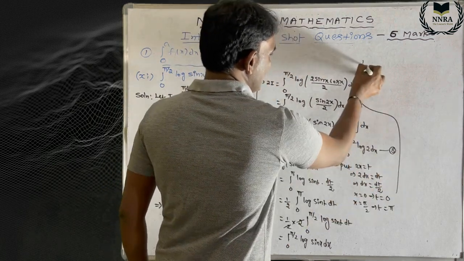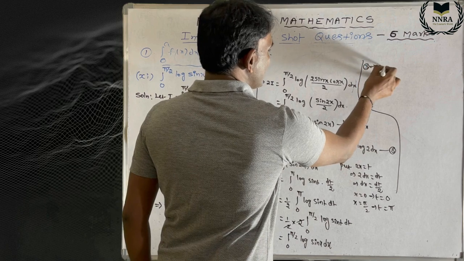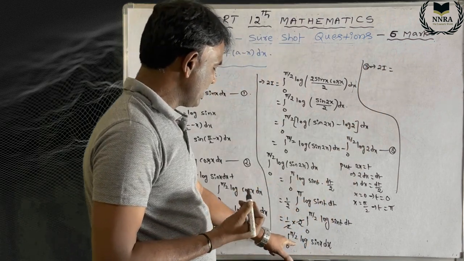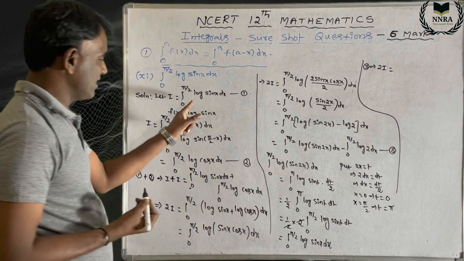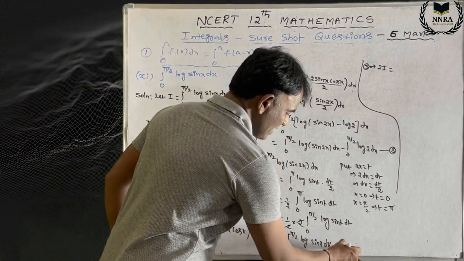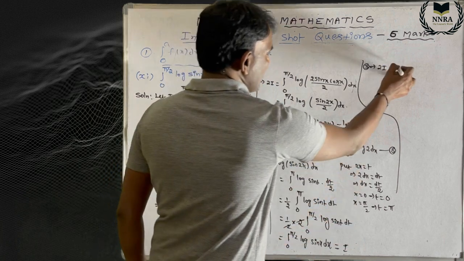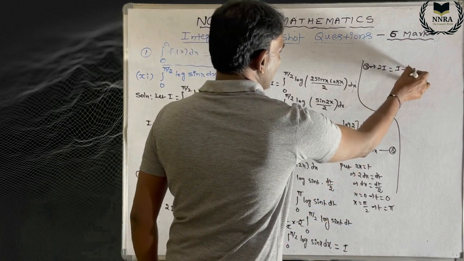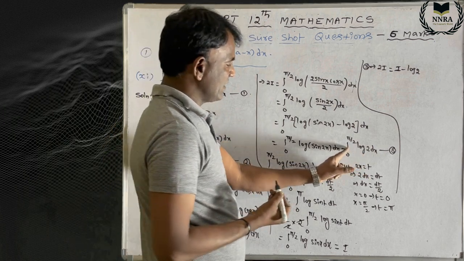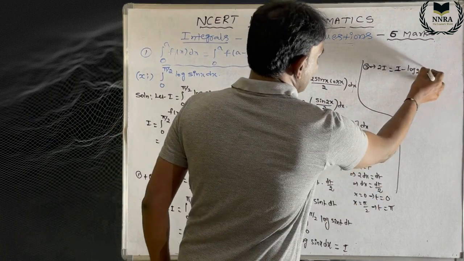Now substitute this whole value in this equation number 3. So from equation 3, left side value is 2y equal to, so this whole value is equal to the given value, that is equal to I. So first term is I, minus log 2, right? Log 2 means constant. So integral dx. Integral dx is x.